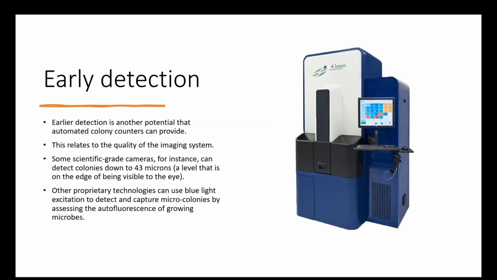There are also some automated systems that have the advantage of being able to detect colonies early, so looking for very tiny colonies that would not be visible to the human eye, looking for micro colonies, and these require advanced optics, scientific grade cameras, and there are technologies that can go down to 43 microns, which, as we looked at before, is on the level of or beyond the ability of the human eye.